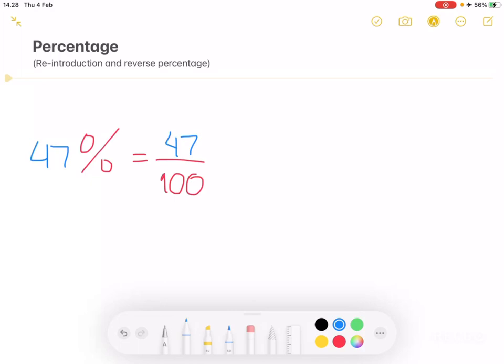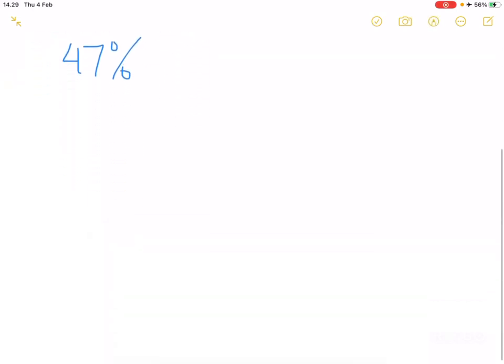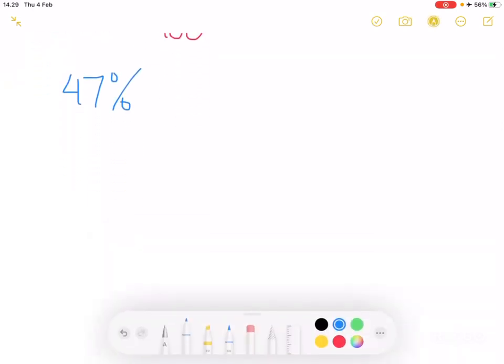One thing to do with what we are going to talk about, which is reverse percentage, is something like this. Let's say 32% of 50 is blah blah blah.